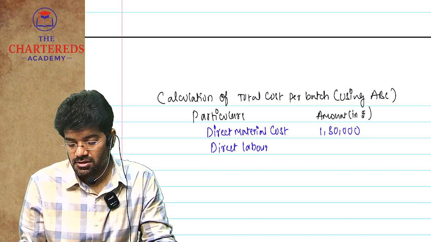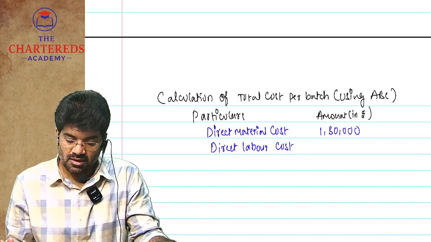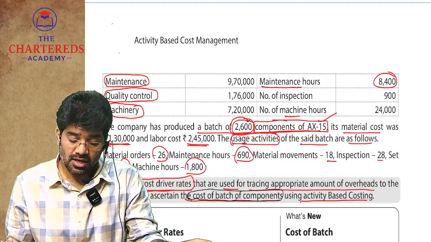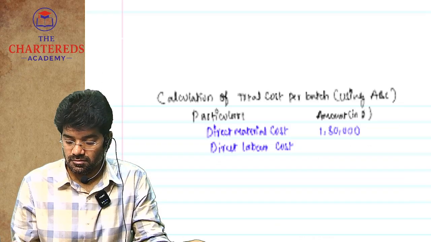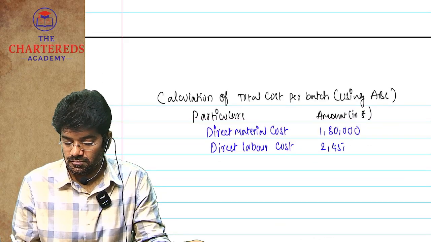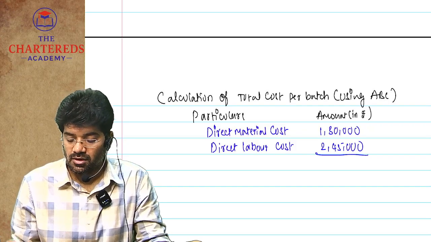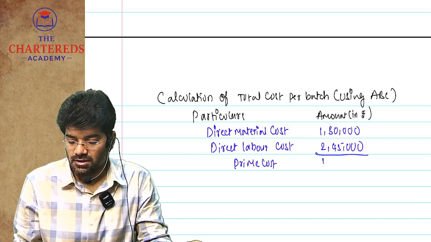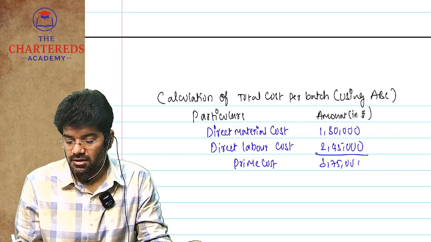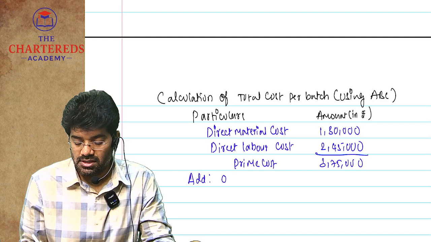Direct labor cost is 2,45,000. You will get prime cost here, 3,75,000. Add overheads absorbed.